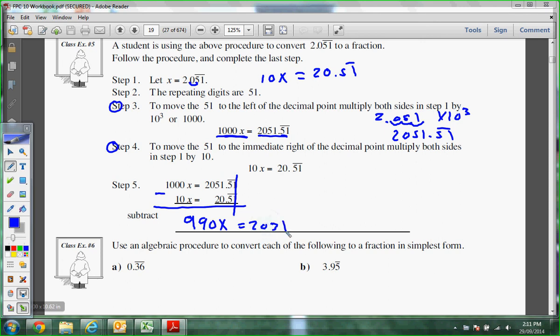Then we divide over there. x equals 2031 over 990, which reduces, and your calculator can do that for you, to 677 over 330. If you put 677 over 330 in your calculator right now, it should kick out 2.051 repeating.